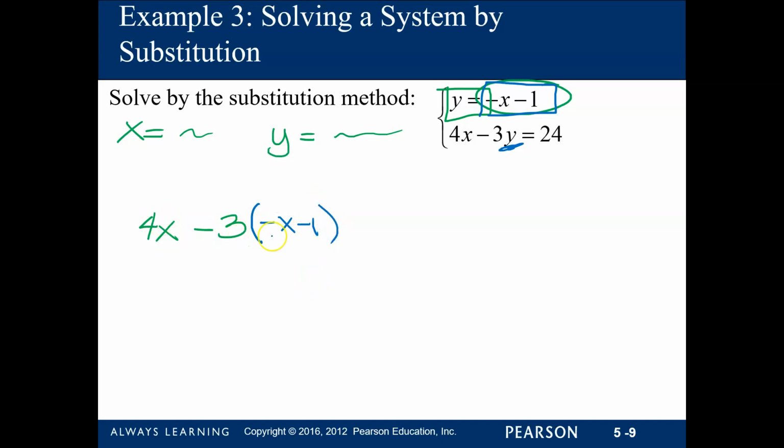Okay? So basically, this is originally 4x minus 3y. But this y, according to the first equation, is equal to this expression. So we substituted the y variable by this expression. That's why this process is called solving systems by substitution.